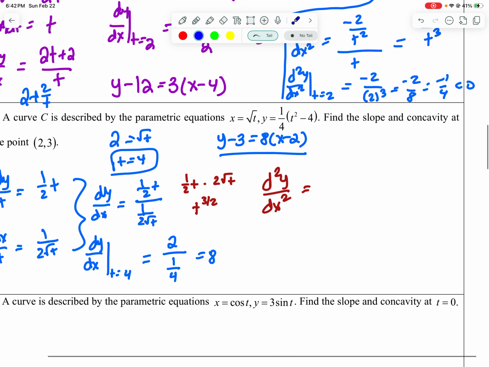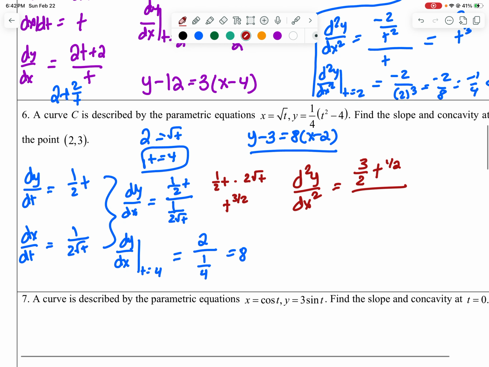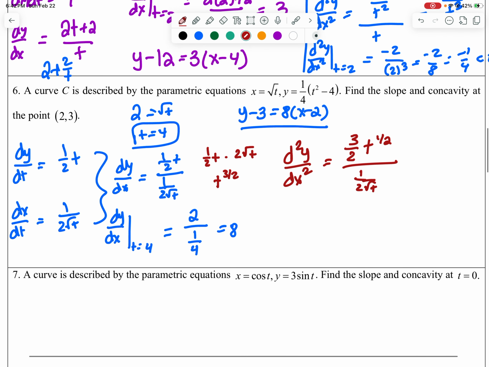So we know that dy dx is t to the 3/2, which means that the derivative of that with respect to t is going to be 3/2 t to the 1/2, and then all over dx dt. In this case, we already know what dx dt is. That's 1/2 root t. So then I'm just going to plug in 4 and see what happens.